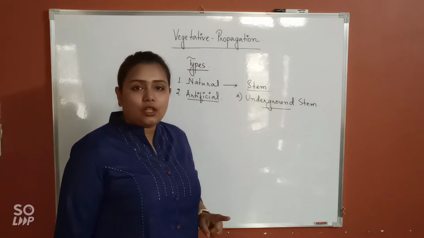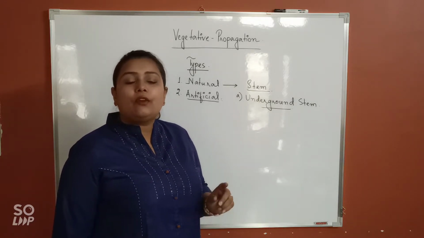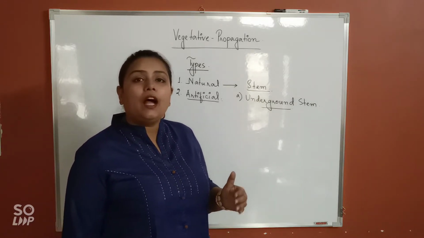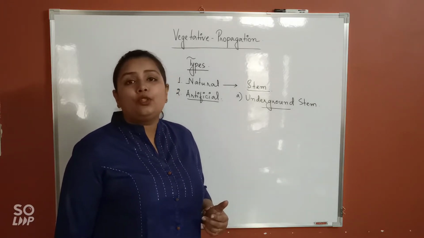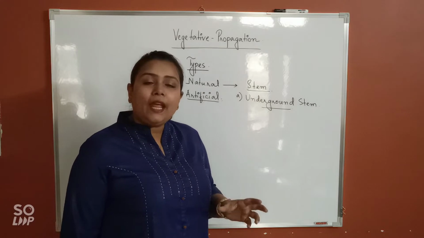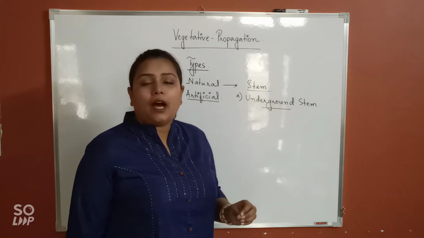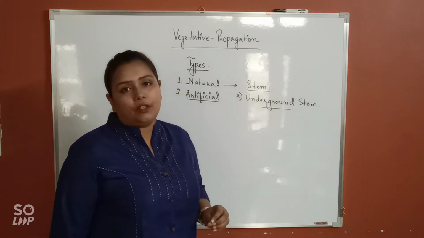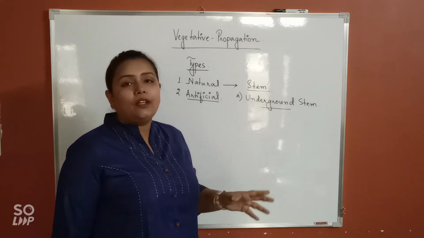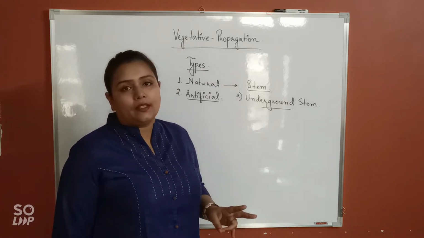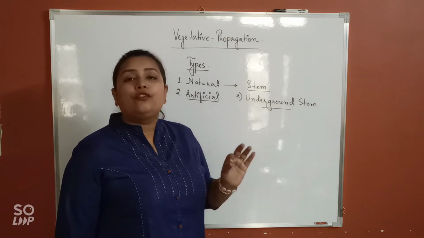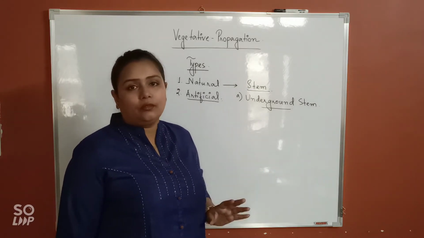First is perennation, that is they will be helping the plant to survive unfavorable conditions, and second is food storage. They will be accumulating the food that would be required by the plant during the unfavorable condition. So all underground stem structures are going to possess these two characteristics. They will help in food storage and perennation, alright.